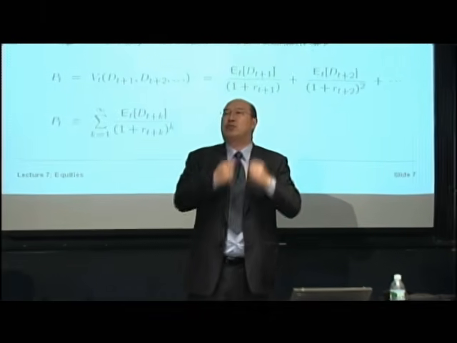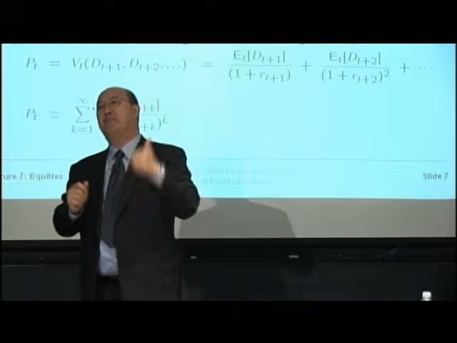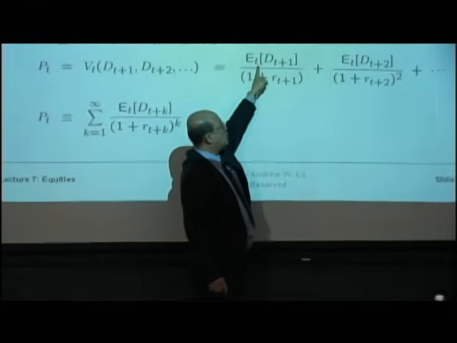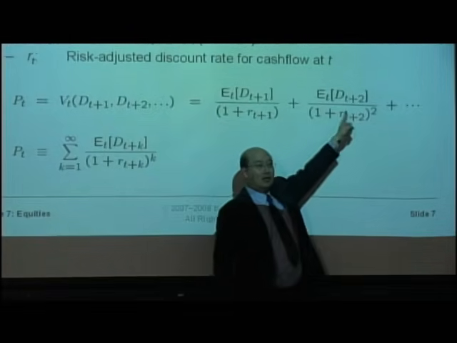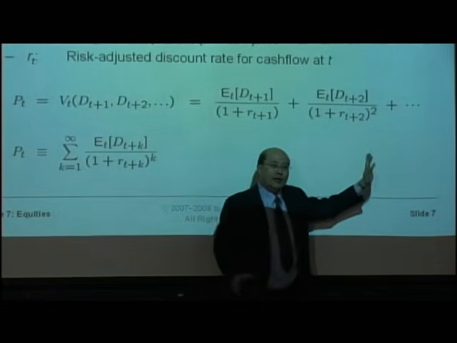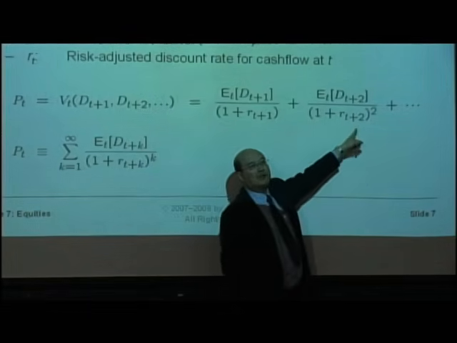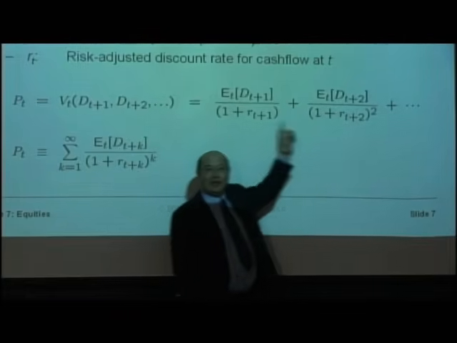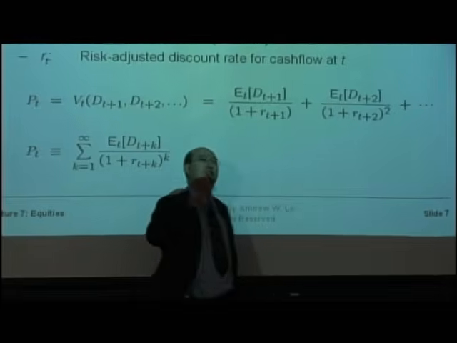It has to be commensurate with the risks of that particular numerator. So if this numerator is much less risky than this numerator, I would argue that you would have to use a different discount rate, one that's higher for the more risky numerator than for the less risky. Now, justify that for me.